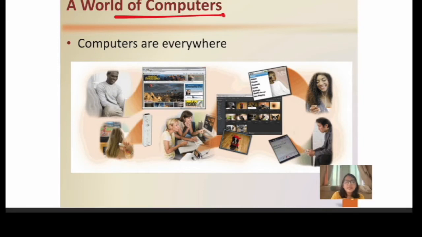So let's see what a computer is. I will define what a computer is. A computer is an electronic device operating under the control of instructions stored in its own memory. So what is a computer, students? Basically we can say it is an electronic device, because it is using power. So we can say it is based on electronic power.